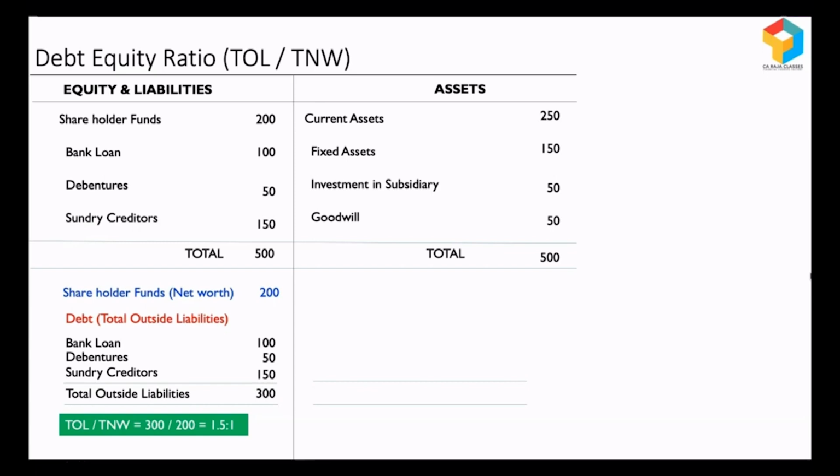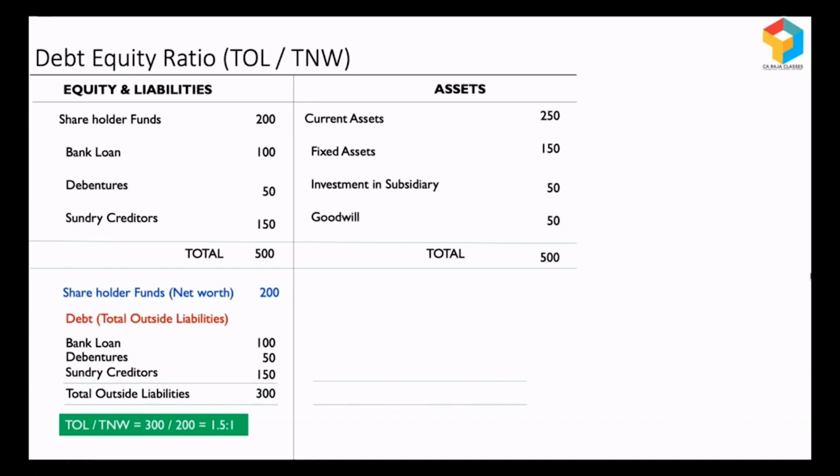It means for every 1 rupee contributed by the owner, this business is borrowing 1.5 rupees. And the maximum debt equity for a business can be like 3:1. Okay, just before I said 4:1 is highly risky for a business because 80% debt. So 3:1 means 3 out of 4, 75% can be the maximum debt.